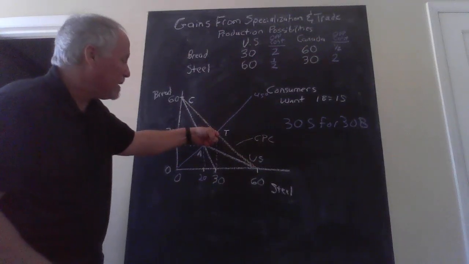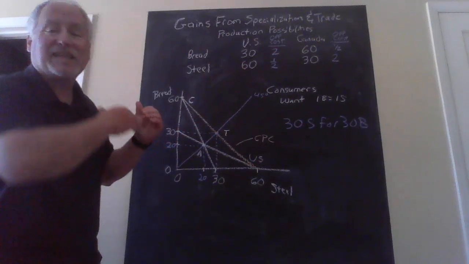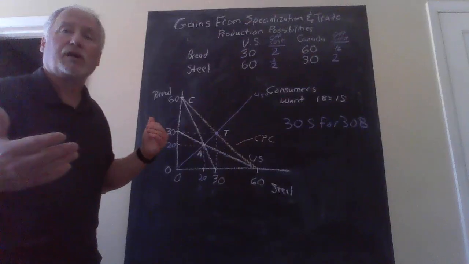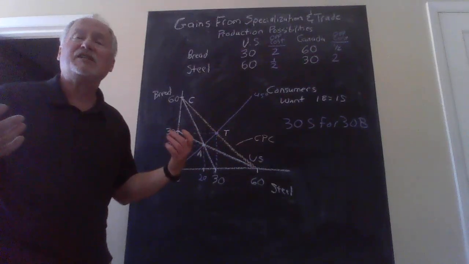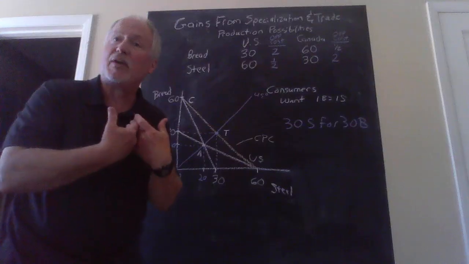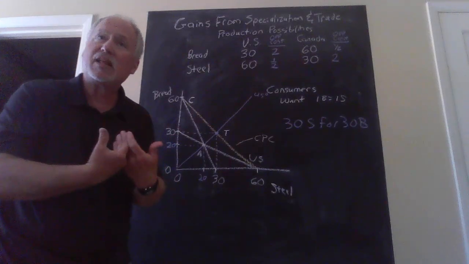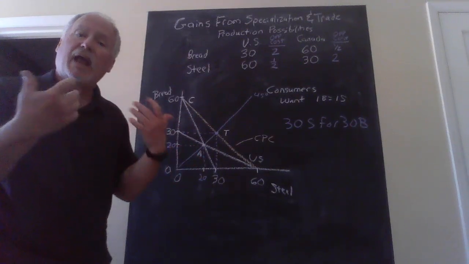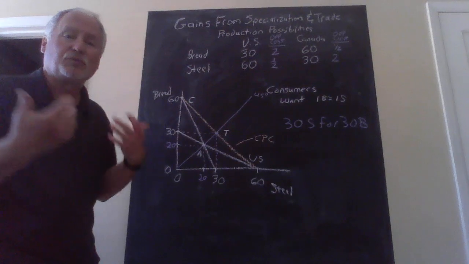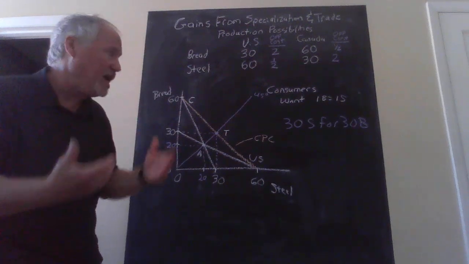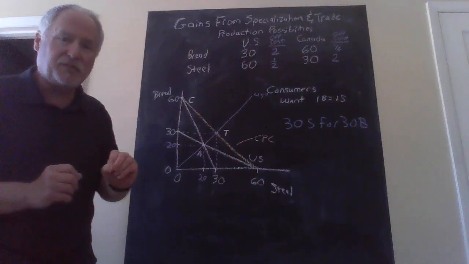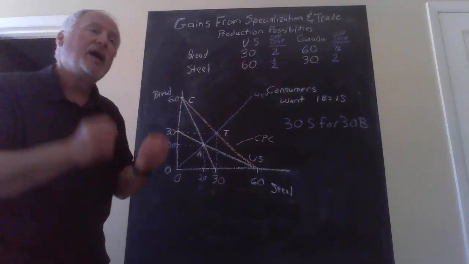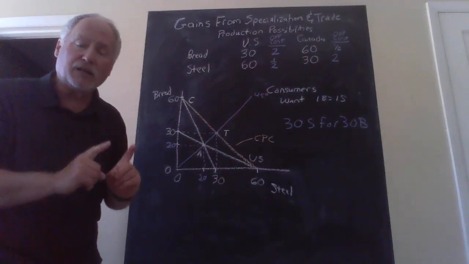They have each been able to get to a point that's outside of their production possibilities curve, a point that would be infeasible for them to try to produce themselves. The only way they can get there is through international trade. And so this is the basis from which economists always want to say specialization along the lines of comparative advantage and trade can make both parties better off.